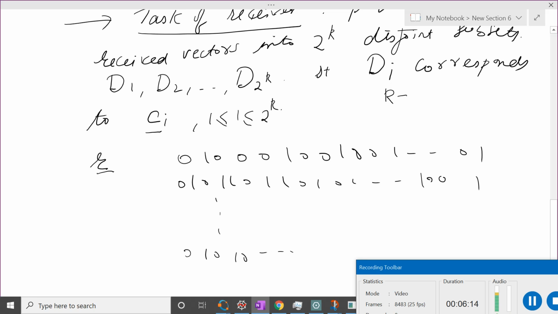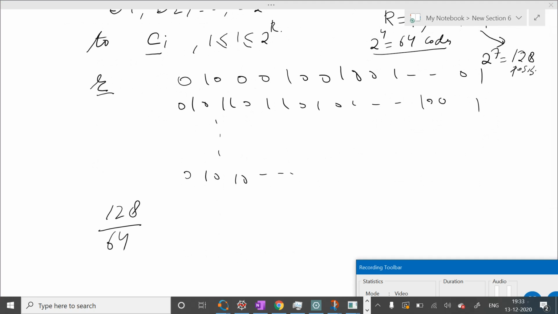Let's take an example that k is equal to 4 and n is equal to 7. So you have 2 to the power 4 codes, which is 64, but at the receiver you have 2 to the power 7, 128 possible values of the received vector.